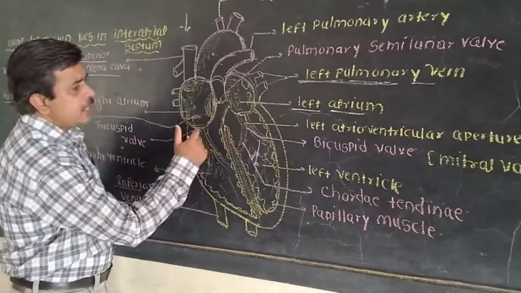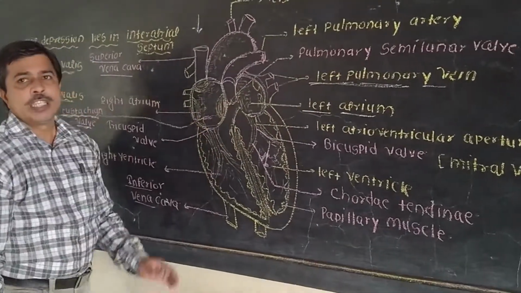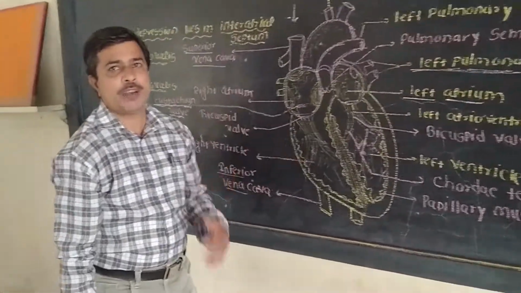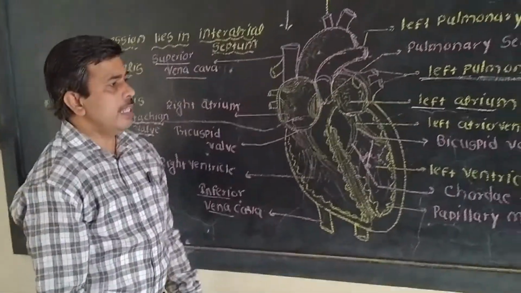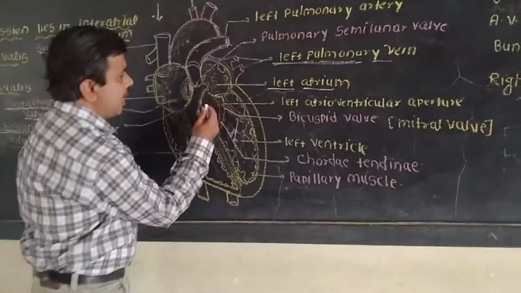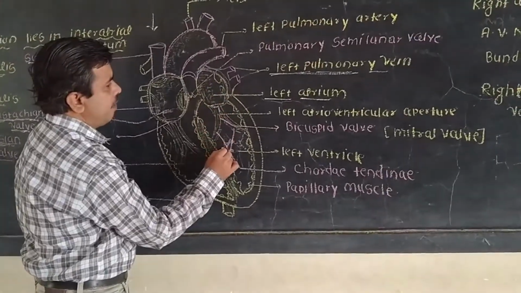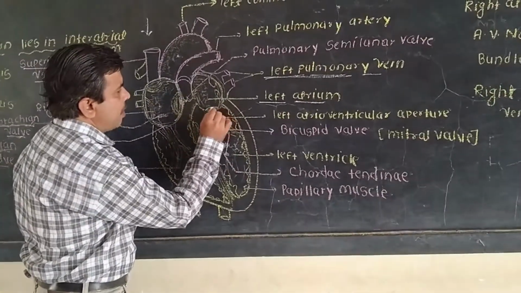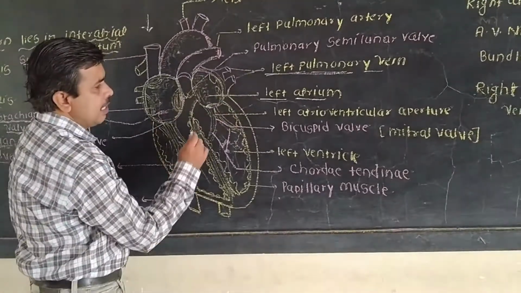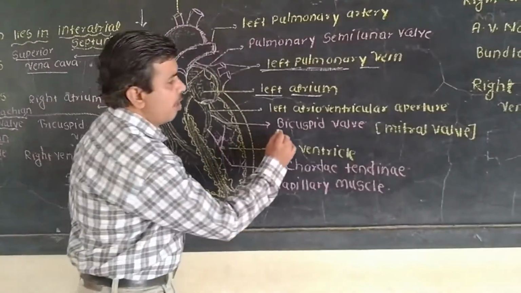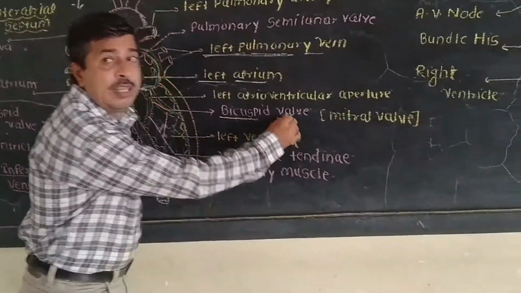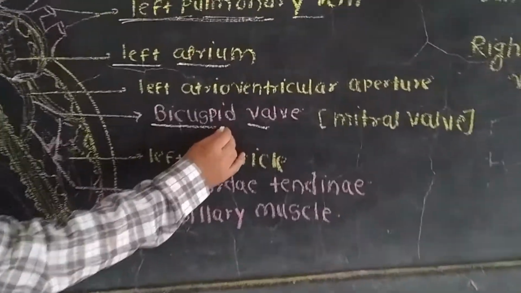Both of these apertures are guarded by specialized cusp-like valves. Okay. Then the left atrium opens into the left ventricle by this small aperture, and this aperture is guarded by a specialized valve known as the bicuspid valve.